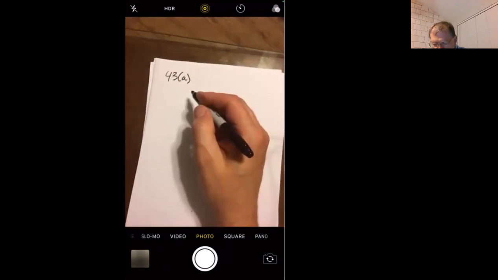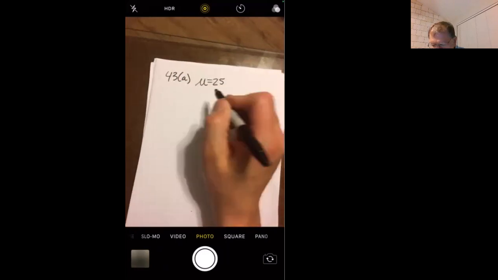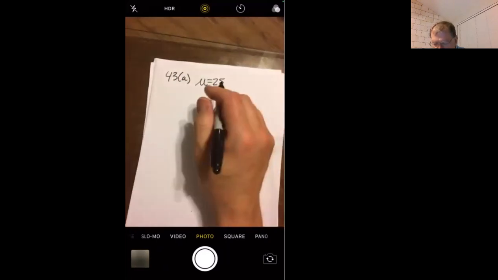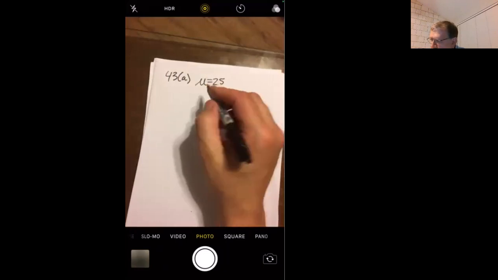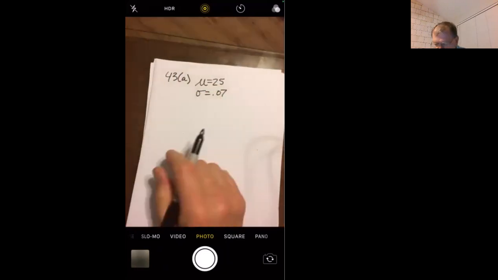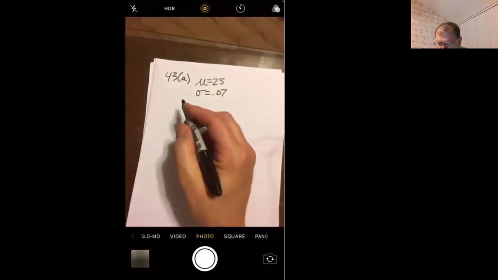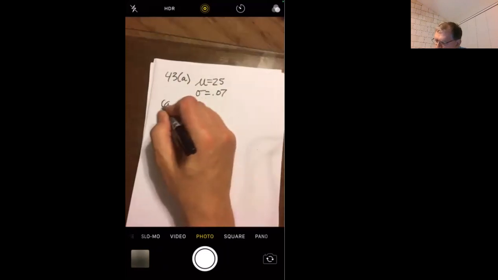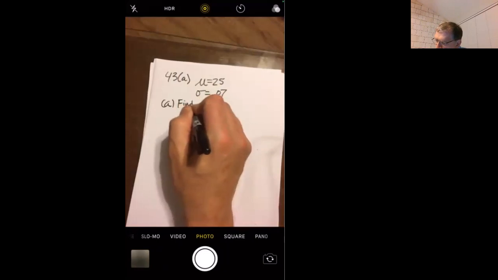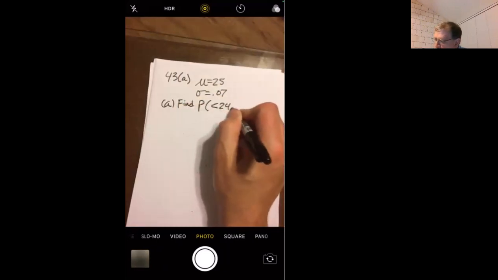Steel rods are manufactured with a mean length of 25 centimeters. Variability in the manufacturing process, you get a standard deviation of 0.07. Those are not all exactly 25 centimeters. What proportion less than 24.9? Find the probability, the proportion less than 24.9.